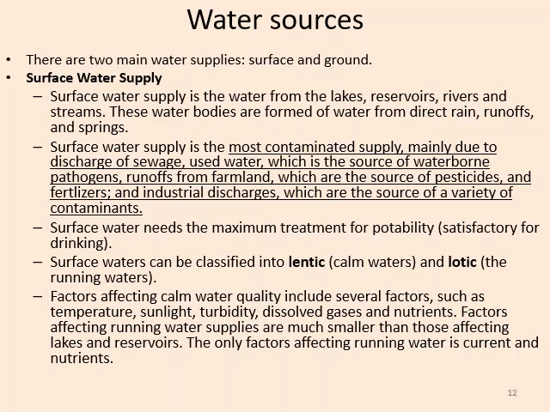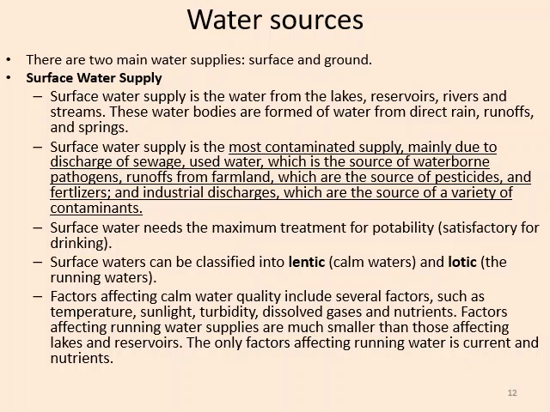So in details, now we can discuss the surface water supply. Surface water supply is the most contaminated supply, mainly due to discharge of sewage, used water, which is the source of various waterborne diseases, and surface runoff from the land, from roads and streets.